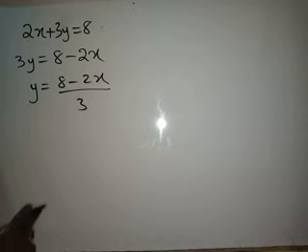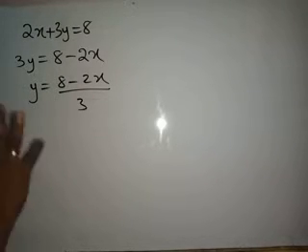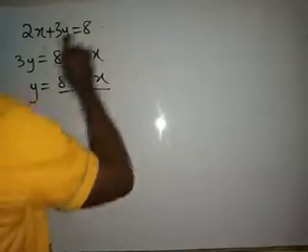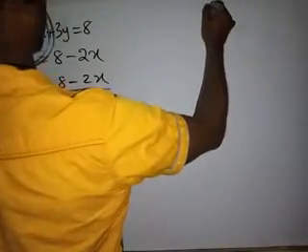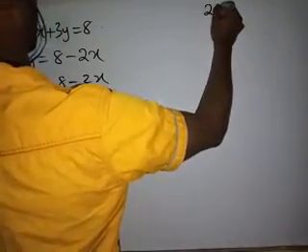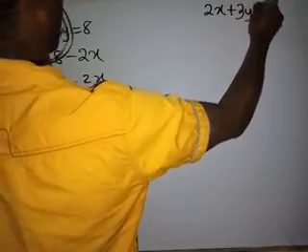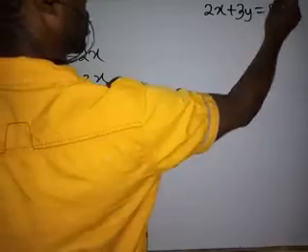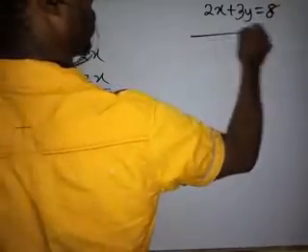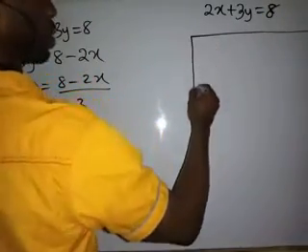This is what I need. So in this case, I want to move straight to my table, the table for 2x + 3y = 8 for values of x.